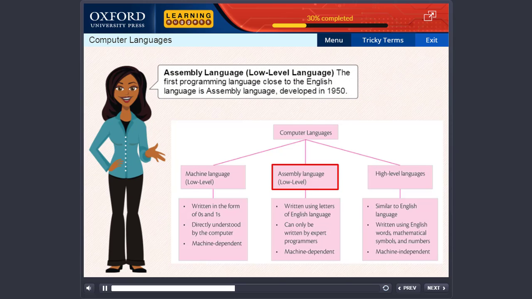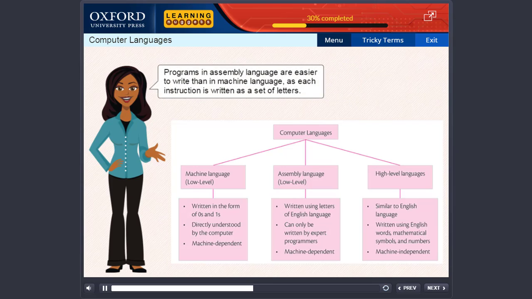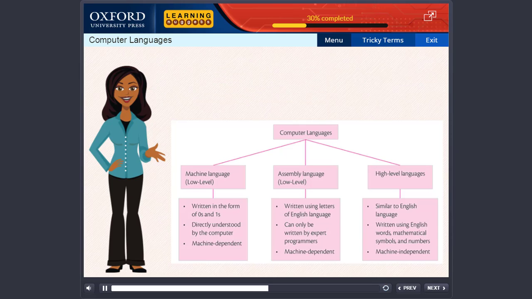Assembly language, low-level language. The first programming language close to the English language is assembly language, developed in 1950. Programs in assembly language are easier to write than in machine language, as each instruction is written as a set of letters.